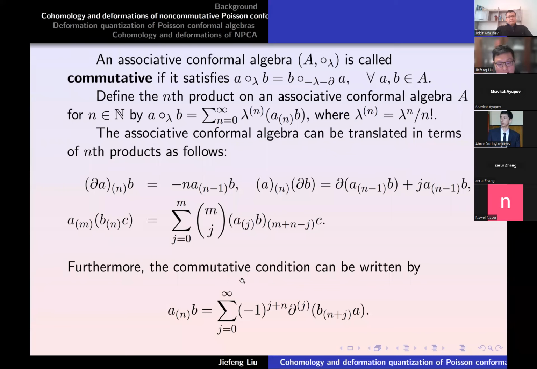Furthermore, the commutative condition can be written by this formula. This condition is just the semi-linear condition. This is the associative rule. This is the commutative condition.